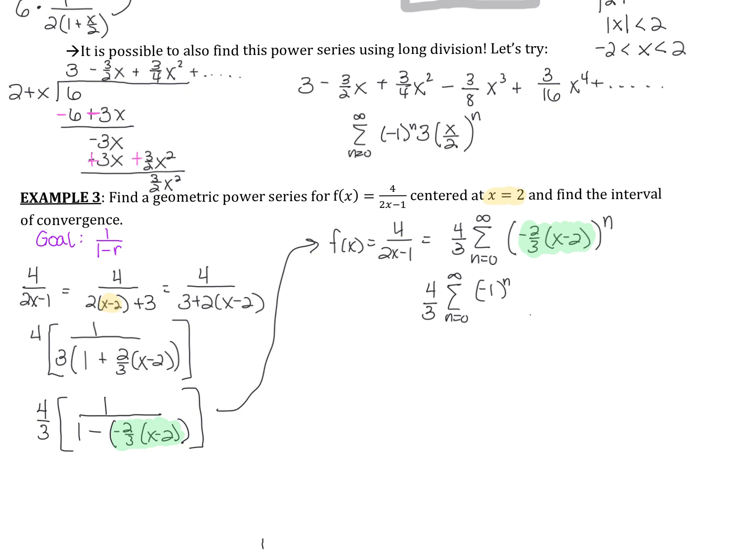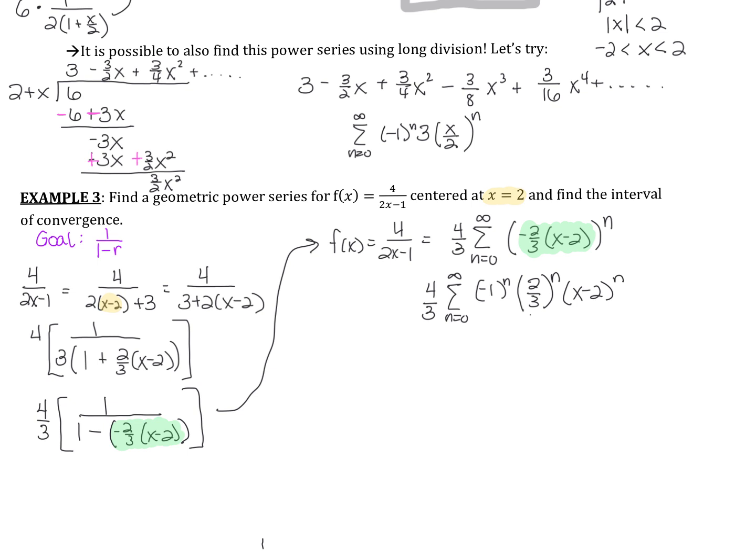And I have still a 2 over 3 to the n, and an x minus 2 to the n. So you might think this is the only answer, and this is a great answer. There are several other answers you could see, and they all go with properties of exponents.